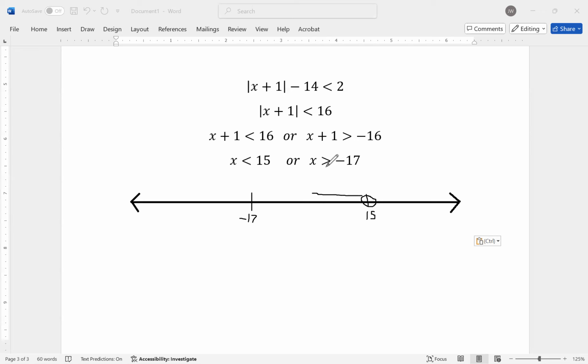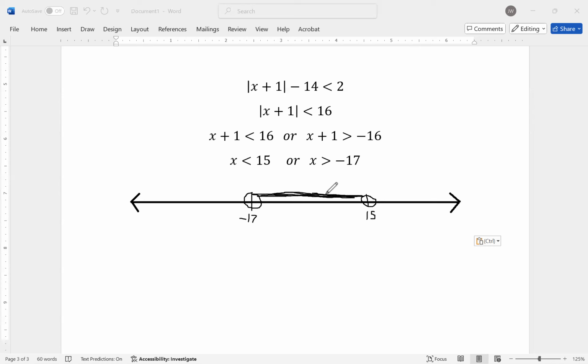However, x also is going to be bigger than -17. So I draw an open circle around -17 and I start shading there. So what we're saying is that any number between -17 and 15 will work.